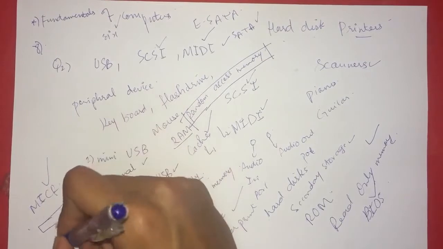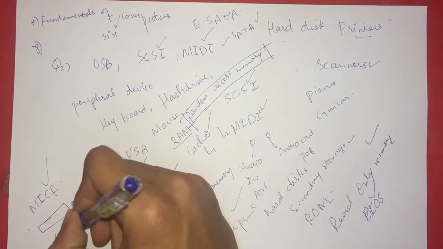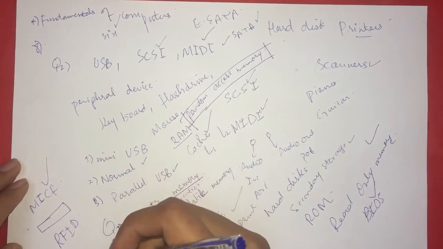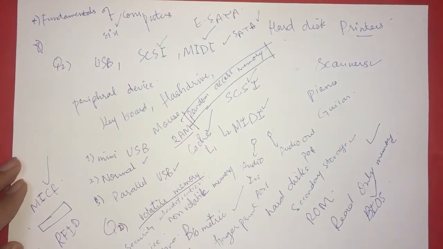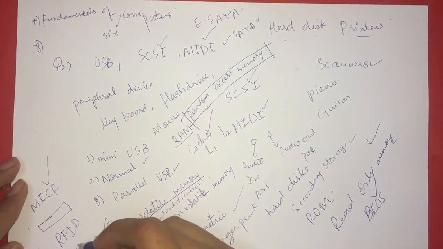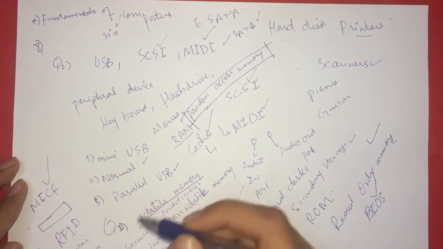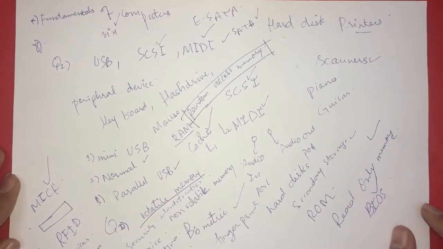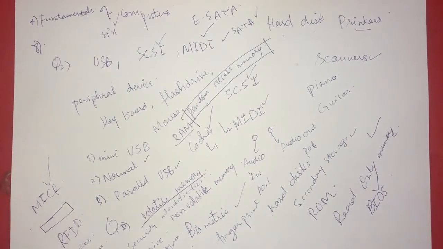Then you have RFID. RFID means radio frequency identification. The devices having RFID, or radio frequency devices, have an antenna with them, and it stores every piece of information about the product, or even the human, or some pets even have them installed inside their bodies, and it stores every bit of information about them.